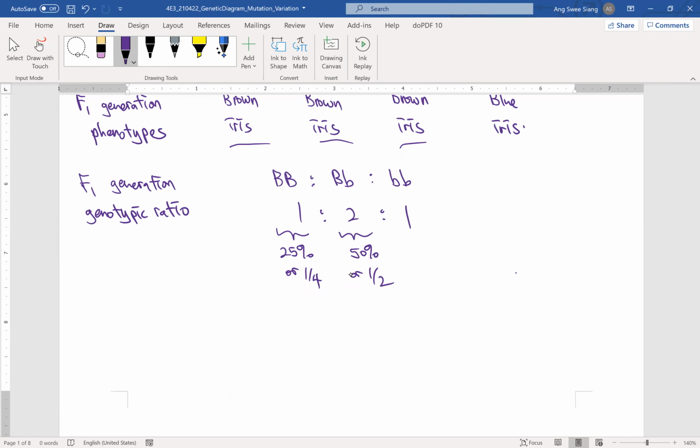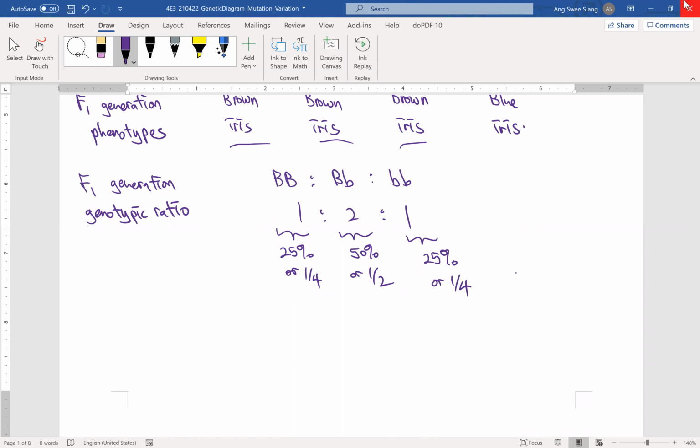Then 25% or 1/4 is homozygous recessive. So this is the meaning. You can use ratio, percentage, or fraction. However, if it's 100%, then you cannot use ratio. A ratio has to be something with something.